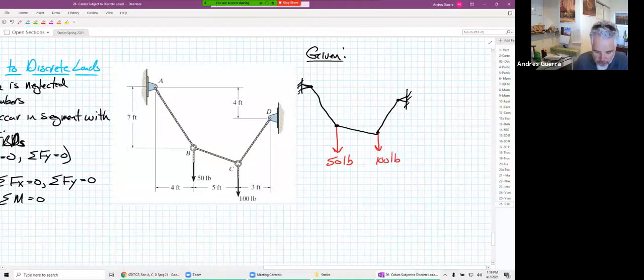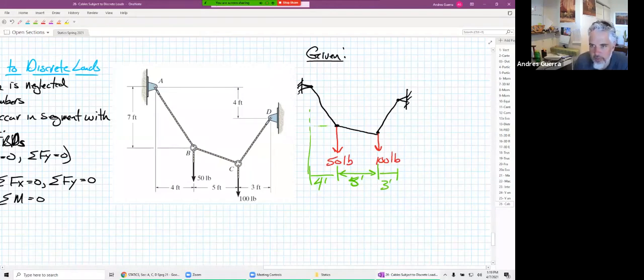We have some geometry as well. They tell us that the horizontal distances are a 4 foot, and then a 5 foot, and then our last one is a 3 foot horizontal distance.